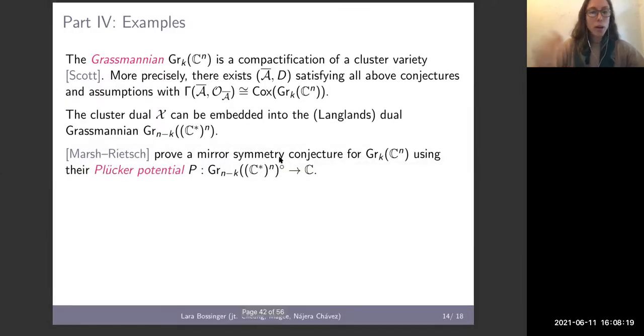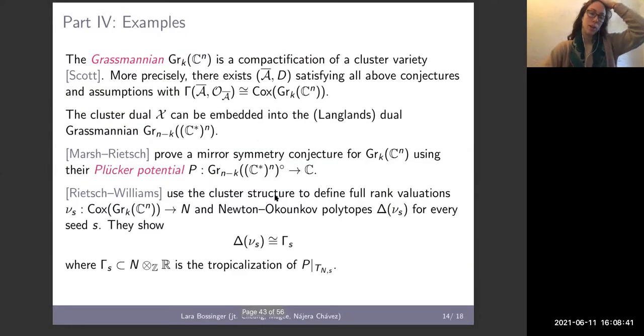Marsh-Rietsch were among the first people to study mirror symmetry for the Grassmannian; they developed a program and proved mirror conjectures. In that context, they write down a Plücker potential that is defined on an open part of this dual Grassmannian.